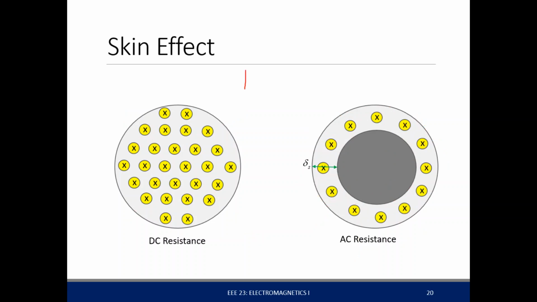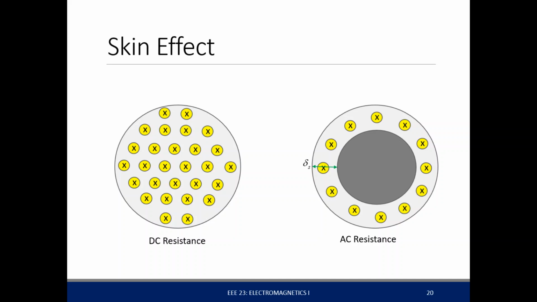So recall that the resistance is equal to L over sigma times A. Due to the skin effect, assuming our conductors have the same length, the skin effect effectively reduces the area at which the currents flow. Therefore, A is smaller, R is larger. So if you're working with very high frequencies, you have to consider the thickness or every physical aspect of your system.